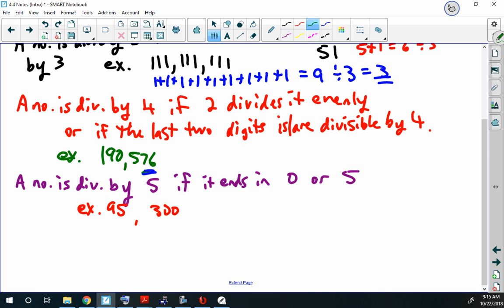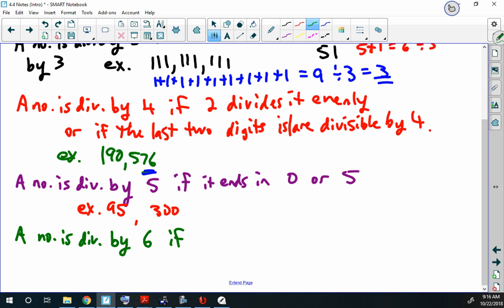Some of these rules piggyback off of others. A number is divisible by 6 if... Anybody know this one? It's kind of like 4 in a way. Remember when I said a number is divisible by 4 if 2 divides it evenly? A number is divisible by 6 if 3 divides it evenly.